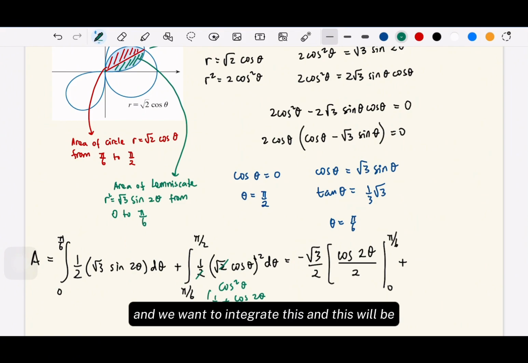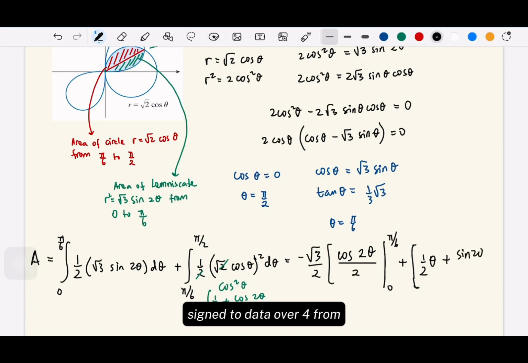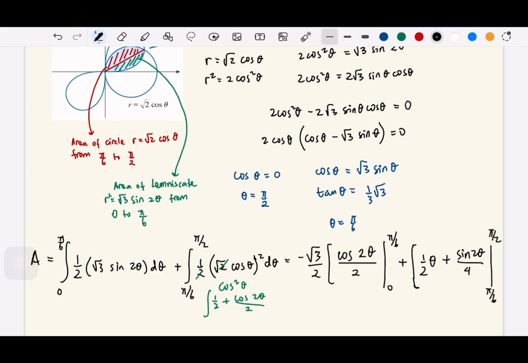And if we want to integrate this, then this will be half theta plus sine 2 theta over 4 from pi over 6 to pi over 2.